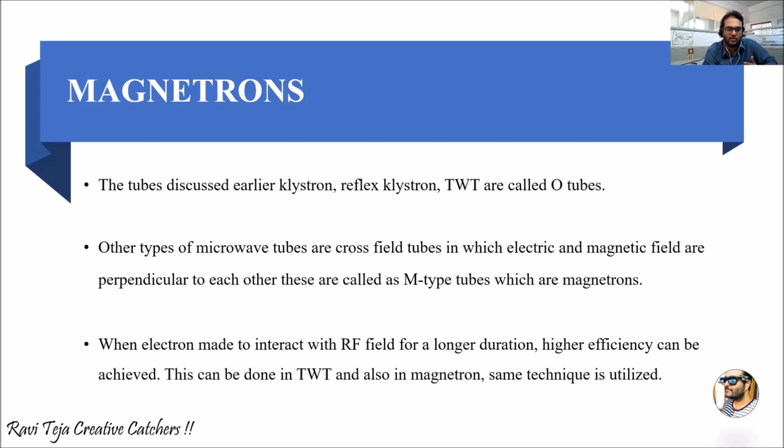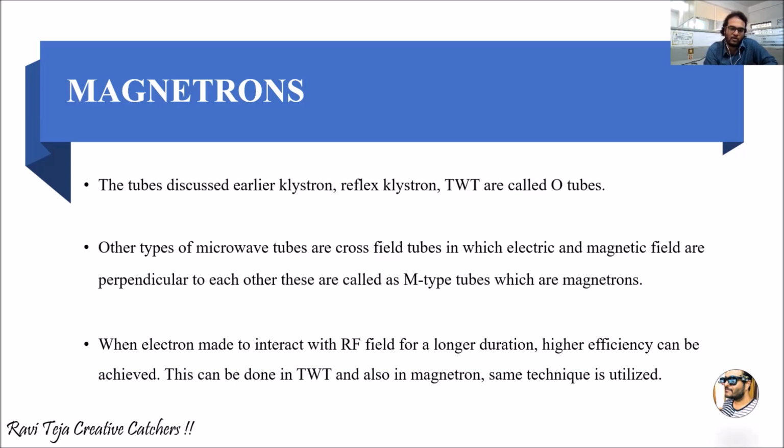Whenever the electron beams flowing from cathode to anode interact with the RF field for a longer duration, higher efficiency can be achieved, whether for amplification or oscillation, to make the signals better. This technique is mostly used in TWTs and also in magnetrons.